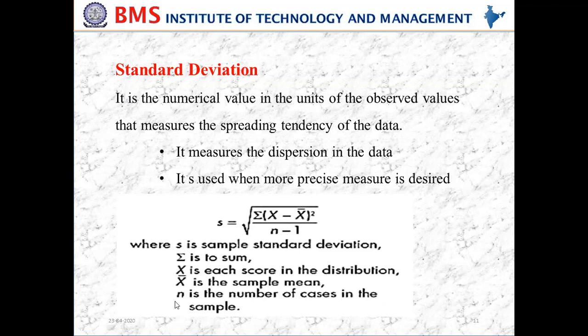What is n here? n is the number of observations in a particular sample. If there are 5 observations, then n will become 5. So each term is described here, and standard deviation is measured by using this equation.